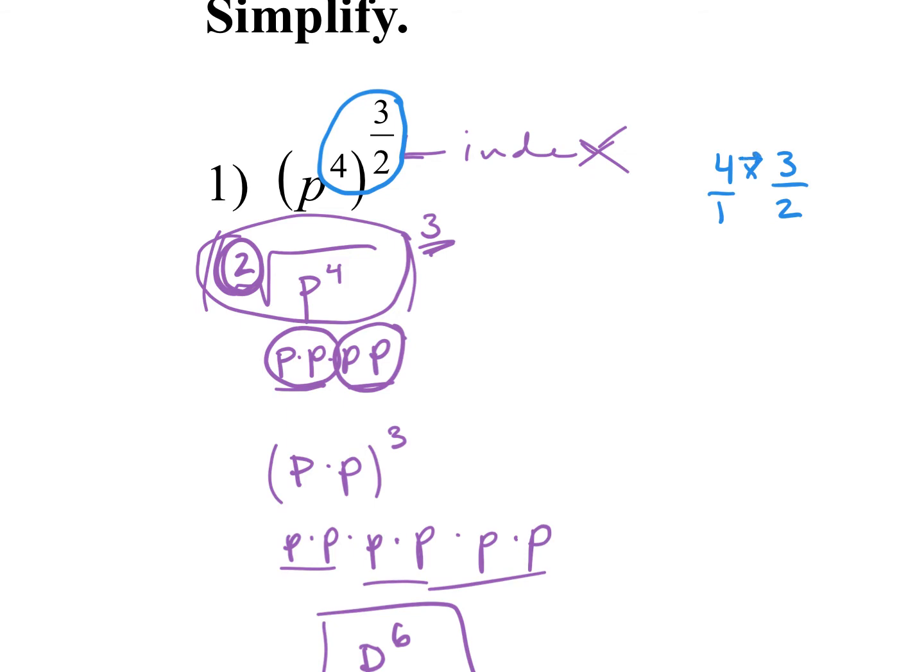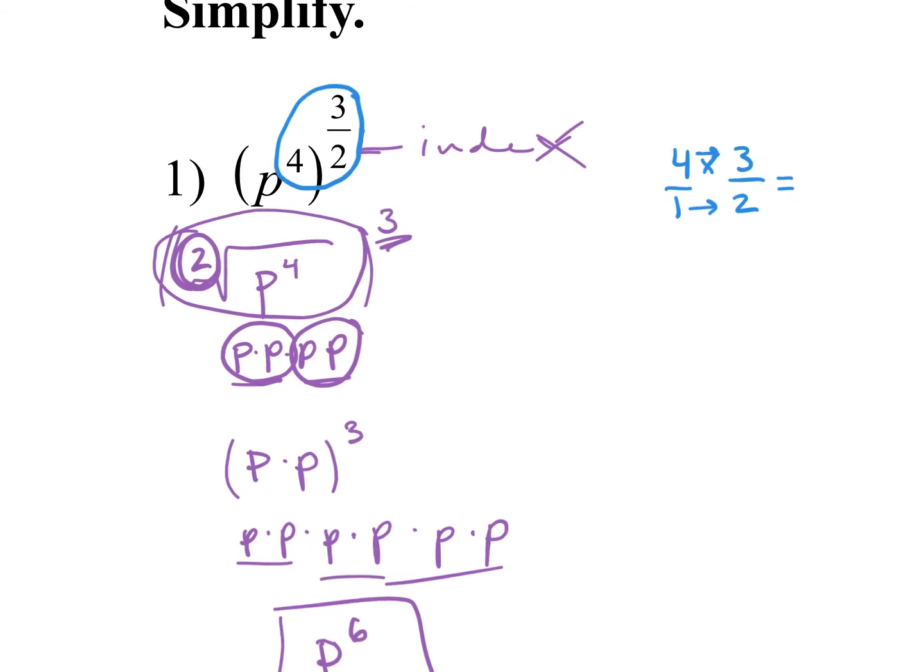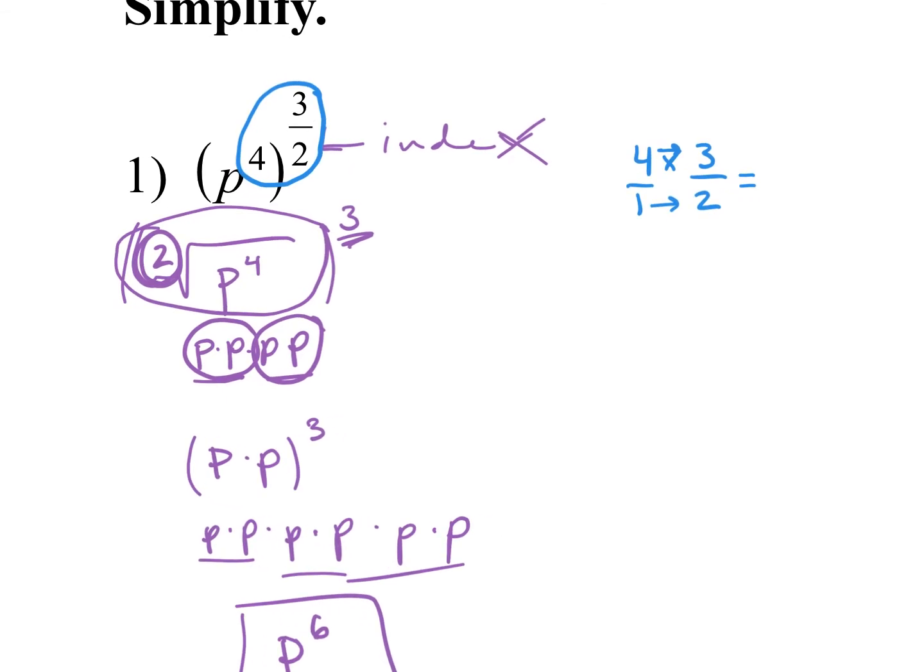We multiply the tops together and then just multiply the bottoms together, so it's 3 times 4. And 1 times 2? 2. And what's 12 divided by 2? 6. So this is like saying p to the 6th power.